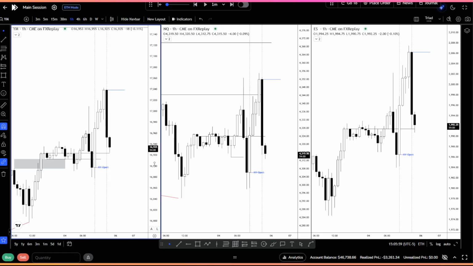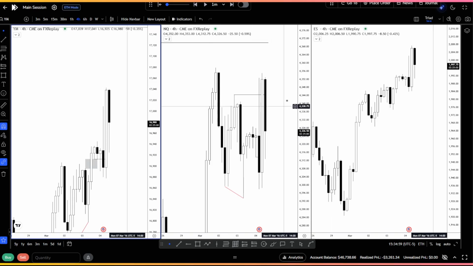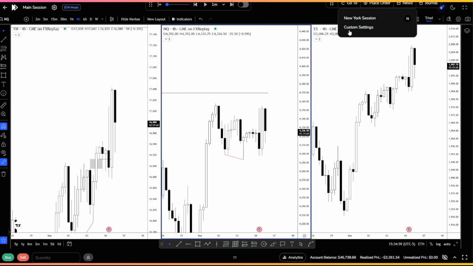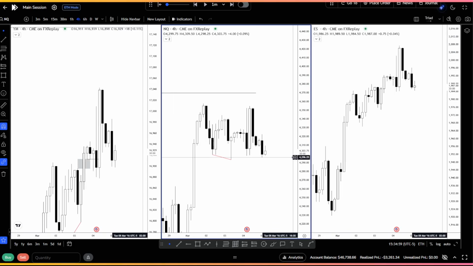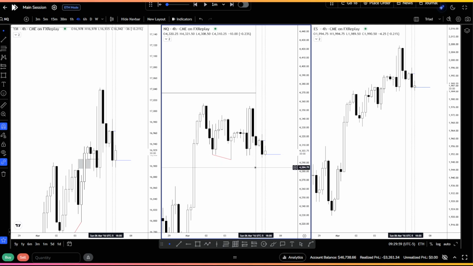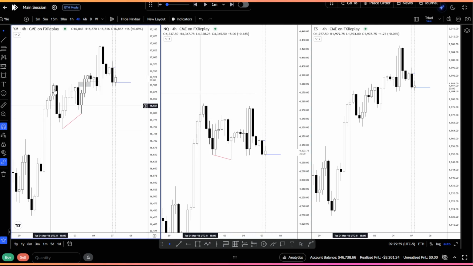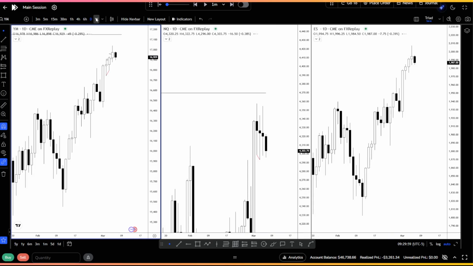So deep. It shouldn't be coming this deep inside the range if it wants to expand. So this is just a really bad price action for me. It's like not going anywhere.